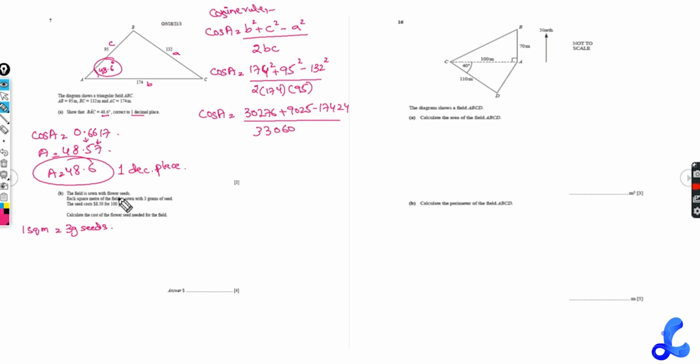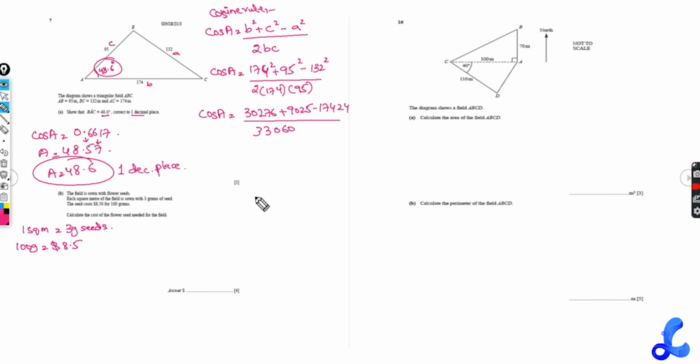First thing, this is supposed to be taken care of. The cost of 100 grams of seeds, 100 grams equals $8.5. So 100 grams of seeds is $8.5. Calculate the cost of the flower seeds needed for the field, right? So first things first, you need to find out the area of the field.